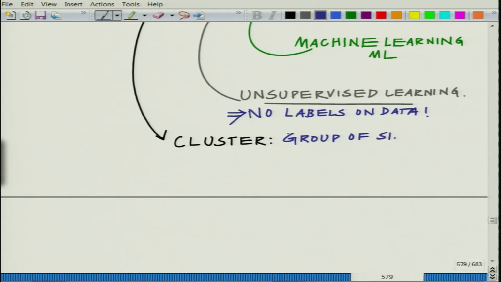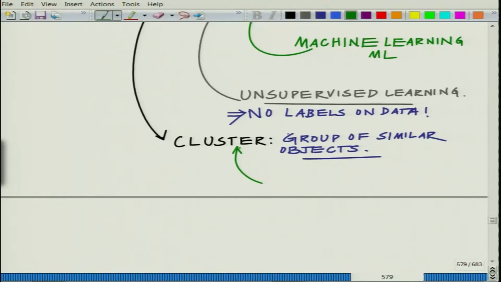A cluster is a group of similar objects who exhibit some kind of similar characteristics.